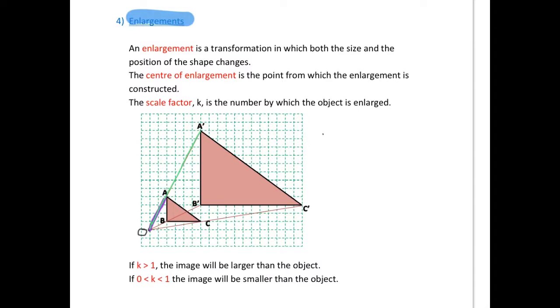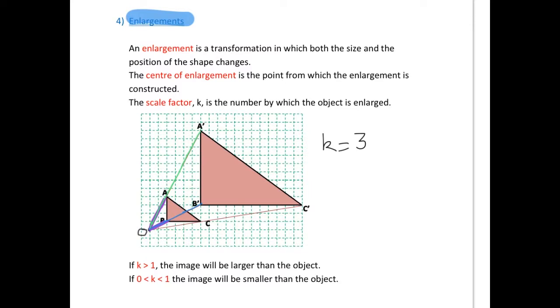So in this case, let's say K is equal to 3. Then, if we look at our second point, point B, we take this distance here, we multiply it by 3, and along the same line, 1, 2, 3, we go out to get our new point, B prime.